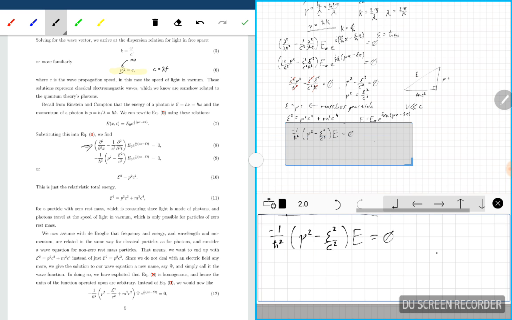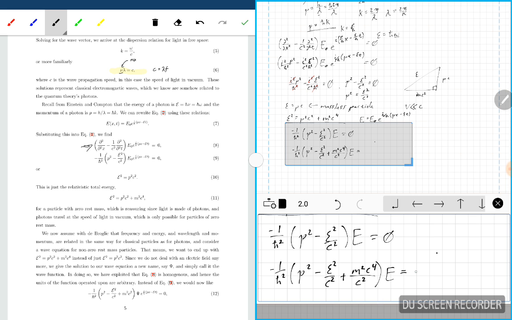Now, instead of this epsilon here, I'm going to replace it with my relativistic term. So I have -1 over h bar, and then that's going to be p squared minus e squared c squared plus m squared c to the fourth, over c squared, times e.